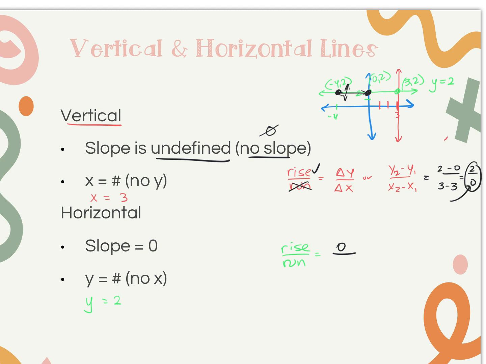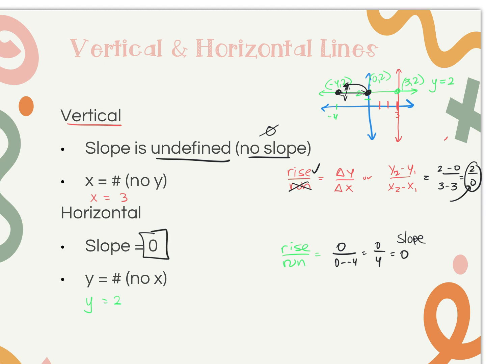So if I want to figure out what the change was from here to here, I'll say my x went from -4 to 0, which is 0 minus -4, so 4. But either way, no matter what my denominator is, if my numerator is 0, my whole fraction is 0. And so my slope for a horizontal line is going to be 0, not no slope or undefined.